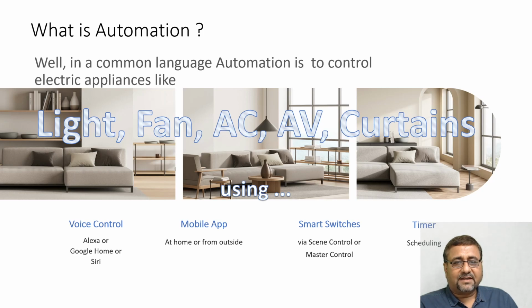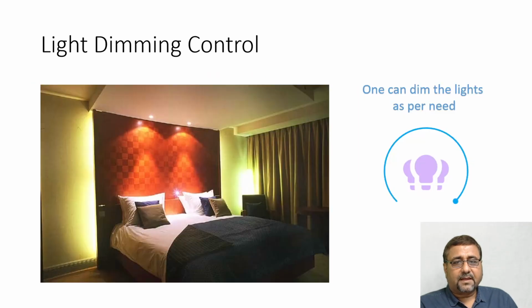What exactly does automation offer? When it comes to lighting, which is very important to human life, automation offers to dim the lights apart from switching on and off. When you dim the lights, you increase or decrease the lux level to suit the requirement of the day.